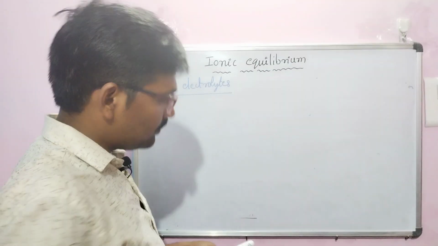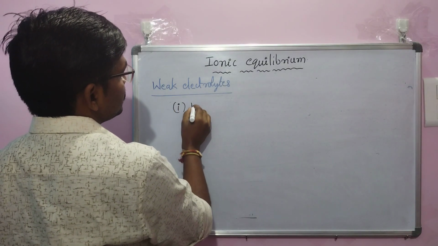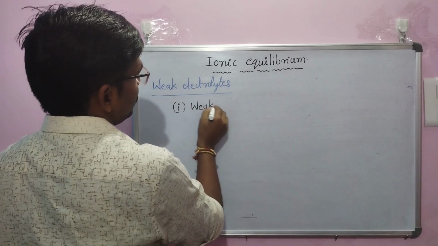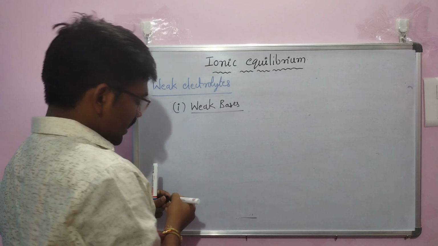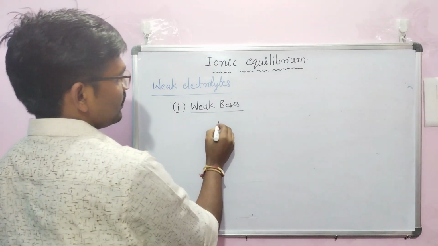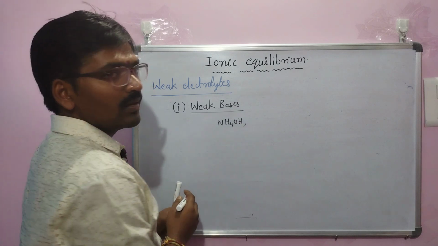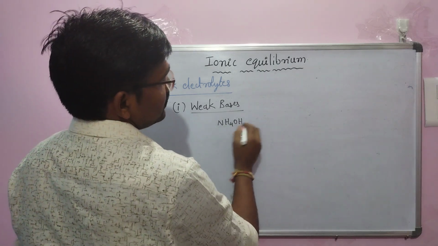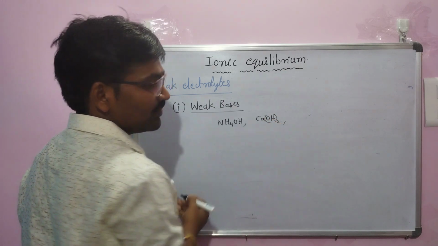Second one is weak bases. What will come under the weak bases? Weak bases are NH4OH, ammonium hydroxide. Then Ca(OH)2, calcium hydroxide.